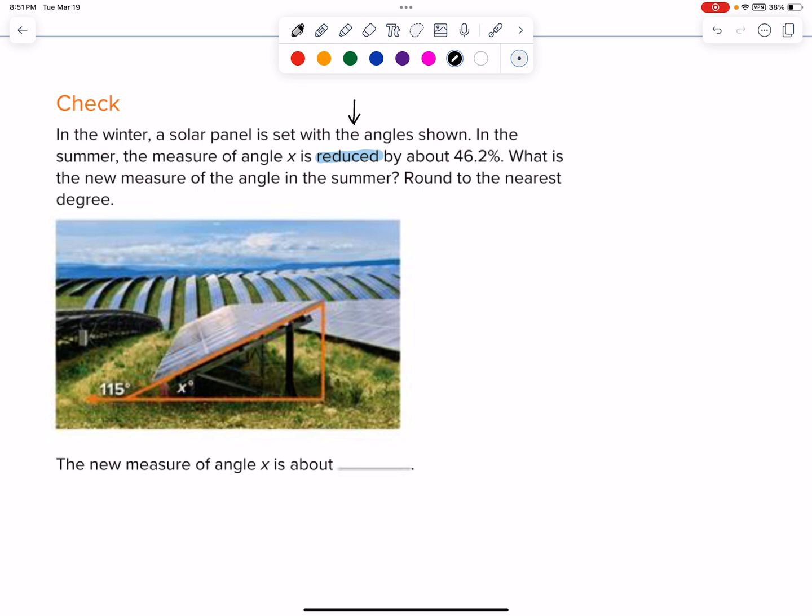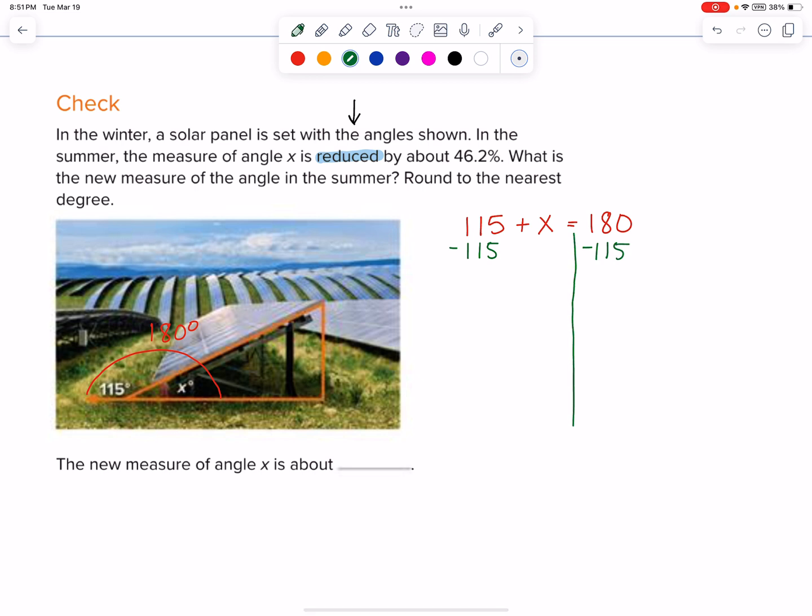All right, let's work through this. I notice these are supplementary angles because they form a straight line. That means together they are 180 degrees. So let's create the first equation: 115 plus x equals 180, or that's going to work out the same as taking 180 minus 115.